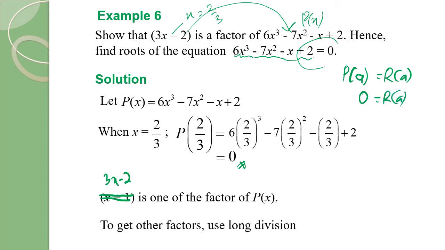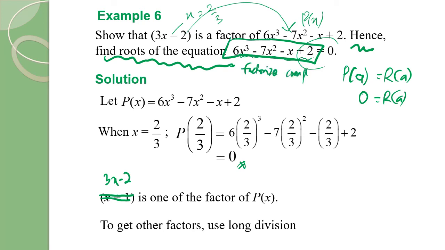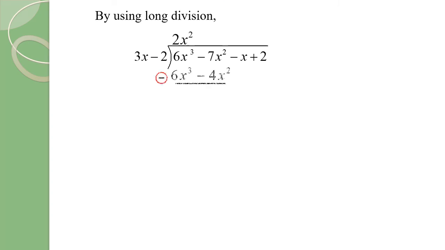To get the other factors, because the next question is hence find the roots of the equation, it means we have to factorize this P(x) completely. To factorize completely, we use long division. To get 6x cubed from 3x, we have to multiply by 2x squared.